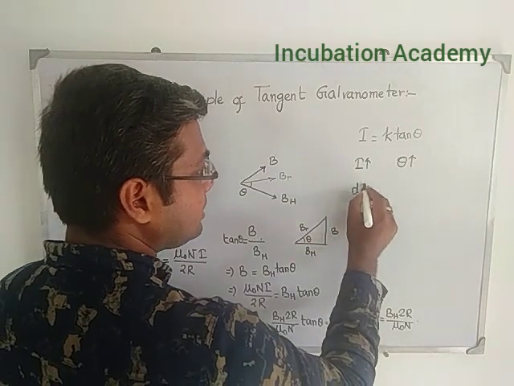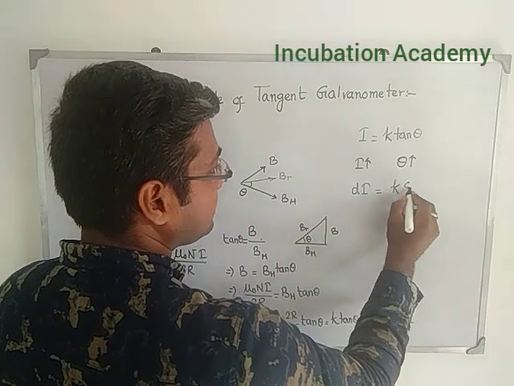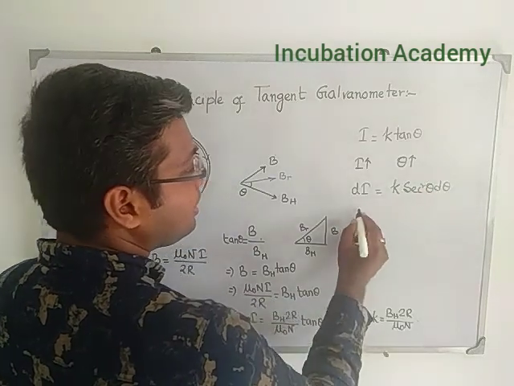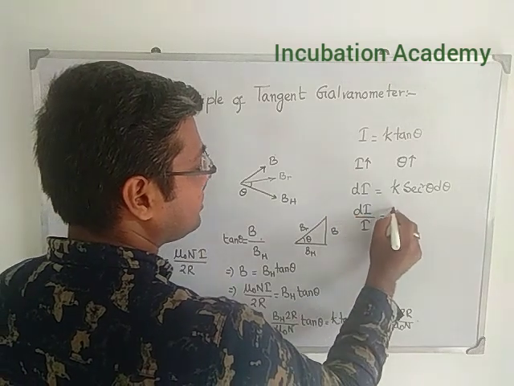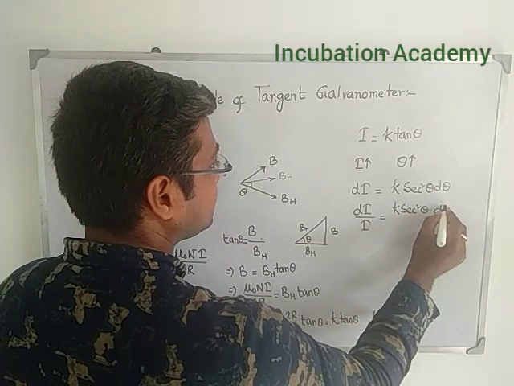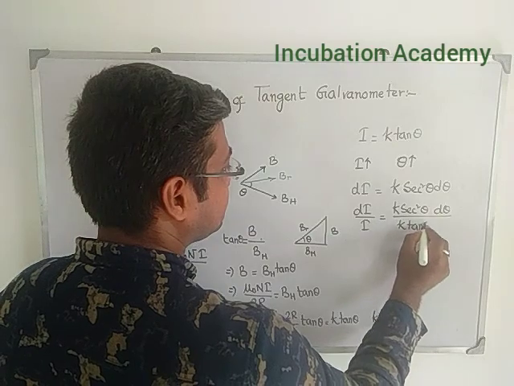So if I differentiate it, then it will be di equals K sec square theta d theta. If I divide this di by I, it will be K sec square theta d theta divided by K into tan theta.